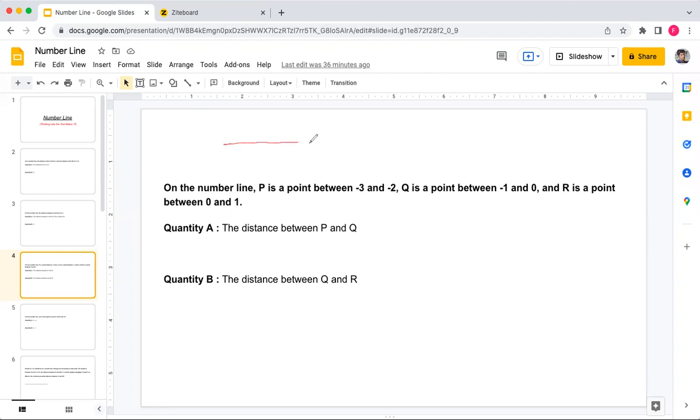So we have a number line, and the question states that P is between -3 and -2. This is -3. This is -2. P is somewhere in between.